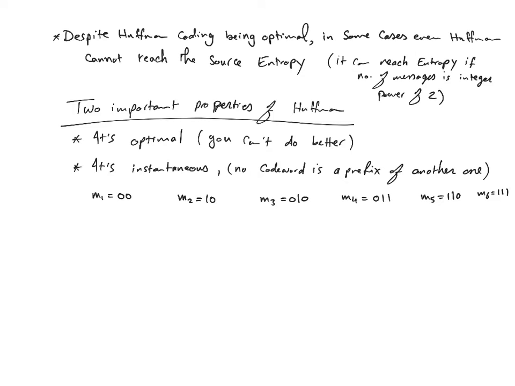If you look at M1, 00, you can never find another code that starts from the left with 00. Can you find anyone that has the leftmost 2 bits equal to 00? No. The same for 10, for M2. Go for M3, there is no 10 to the left side. M4, there is no 10 to the left side. And so on.